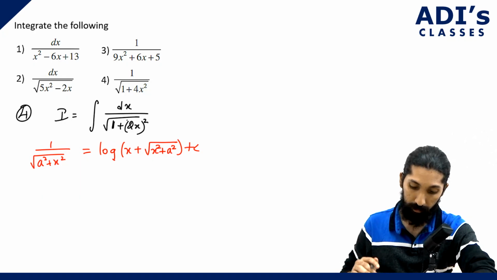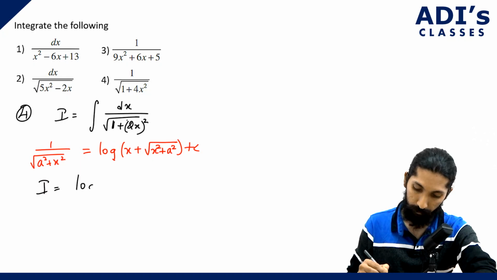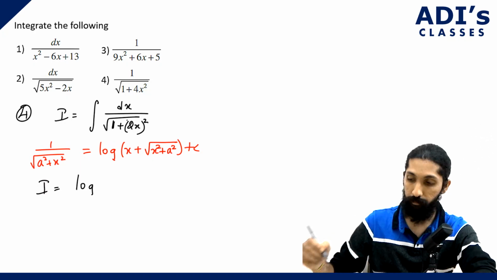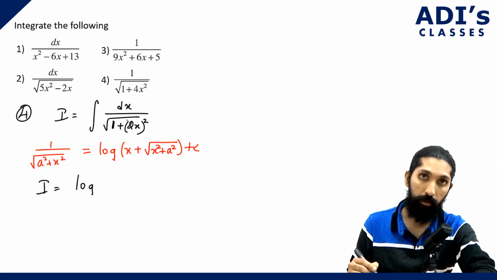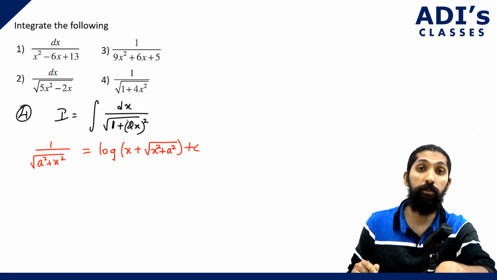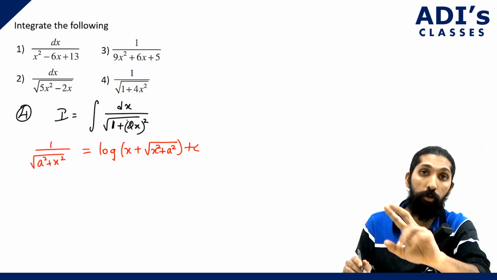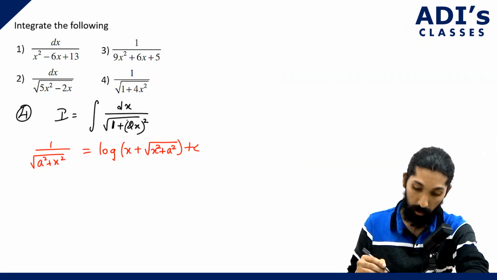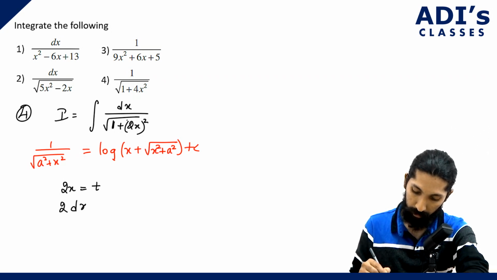So if you apply that formula here, see what we'll get. There is one small issue which we have to address. That is the substitution method. We need to substitute 2x as t because there is a coefficient to the x, correct? So you take 2x as t. So 2 dx is equal to dt, or dx is equal to half dt.